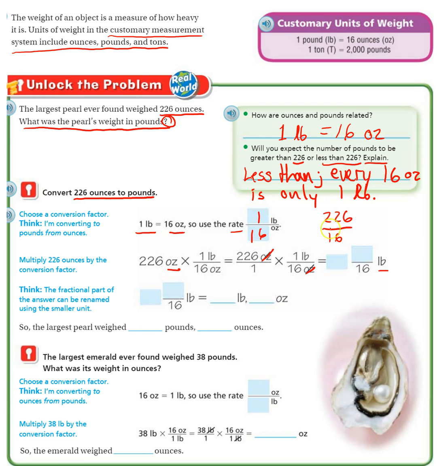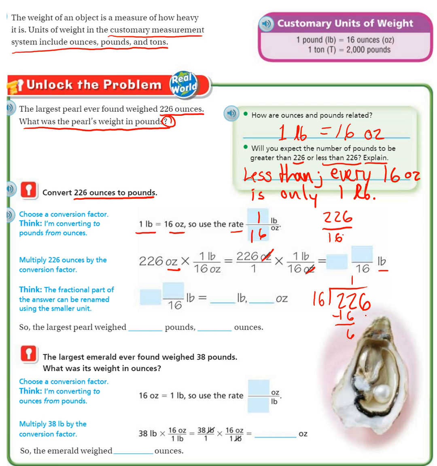Okay, now this is an improper fraction. Notice my denominator though is 16, so I know I've done that part correct. So I need to divide the denominator 16 into the numerator 226 to find out how many whole pounds that is. 16 can't go into 2, but it can go into 22 one time. 1 times 16 is 16.